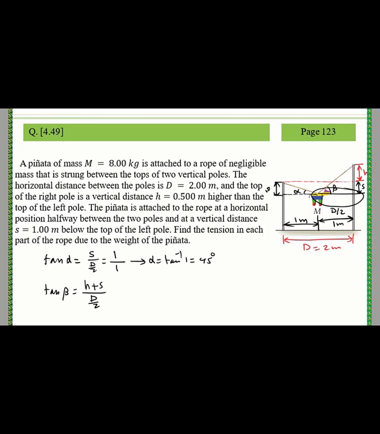Now let us put the numbers. h is 0.5, s is 1, over d over 2 which is 1, so 1.5. Then beta equals tan inverse 1.5, which is 56.3.